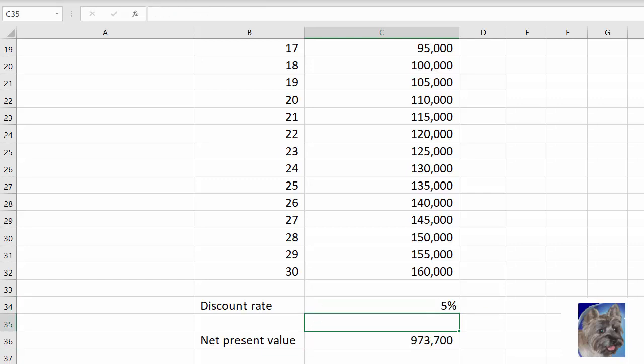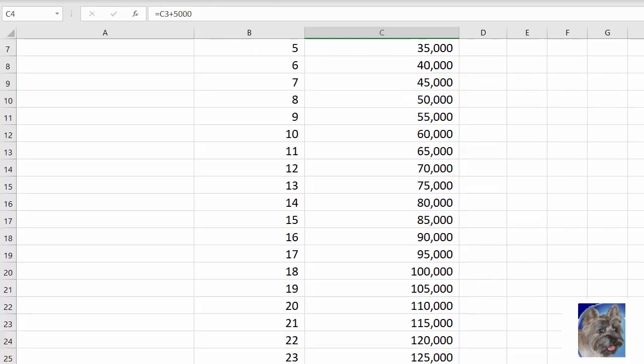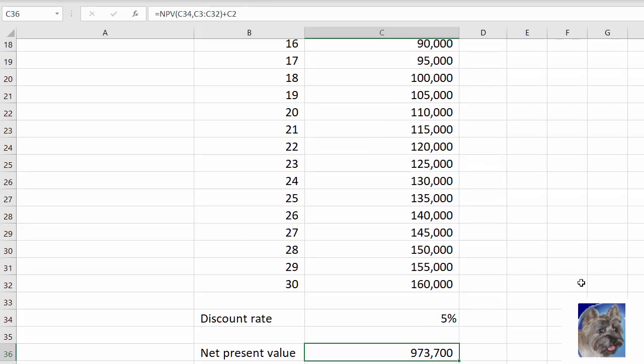Now, what if instead our projections were too high, and instead of starting off with $15,000 and increasing by $5,000 a year, it only increased by, let's say, $1,000. Here we have about 974,000 as the present value, assuming a 5% discount rate.